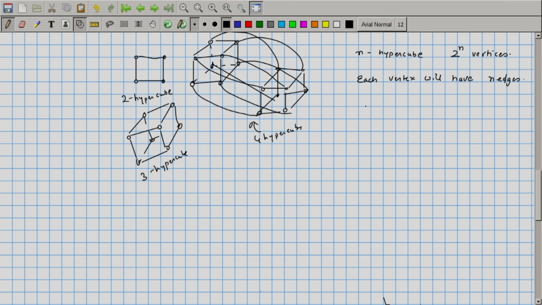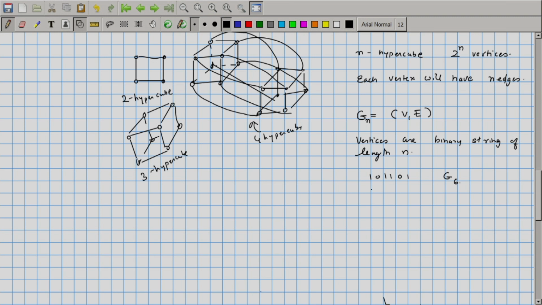Okay. So, we can think of binary strings. We can construct a graph G equals (V, E), where the vertices are binary strings of length n. Okay. So, if you take 1 0 1 1 1 1, this will be one of the vertices of G6. Okay, and two vertices are going to be connected by an edge if they differ in exactly one bit position.